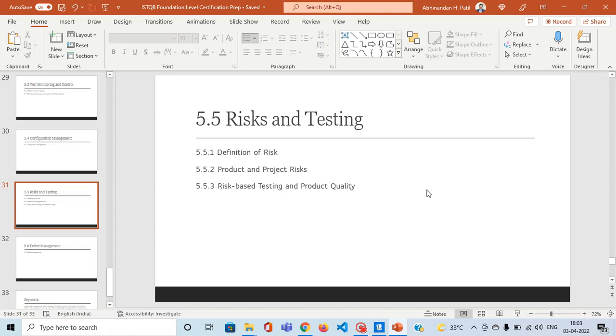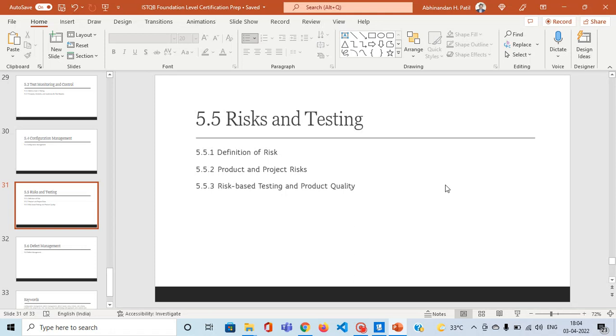How do we decide this area is risky, this is not risky, and things like that? That is on the basis of knowledge and insight of project stakeholders. The intention of all this is to ensure the likelihood of product failure is minimized. The idea is to minimize the product failure.